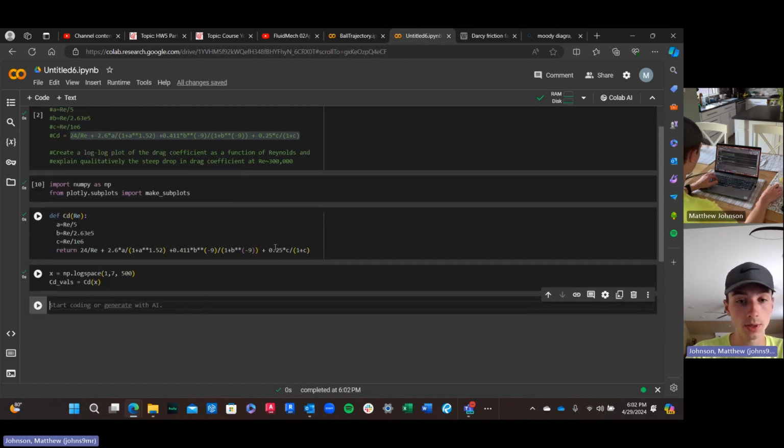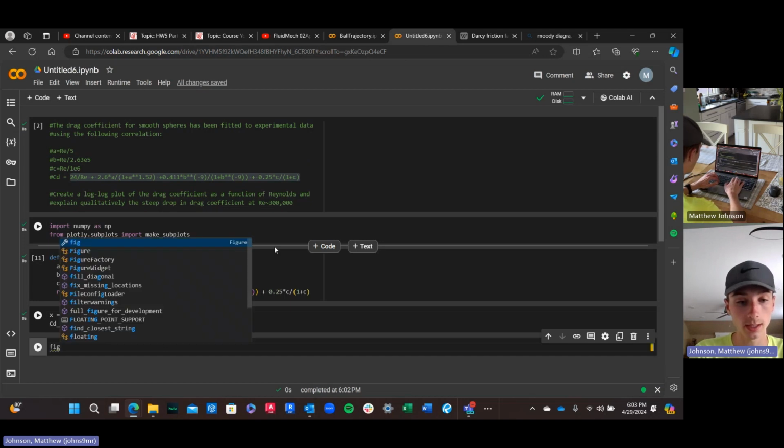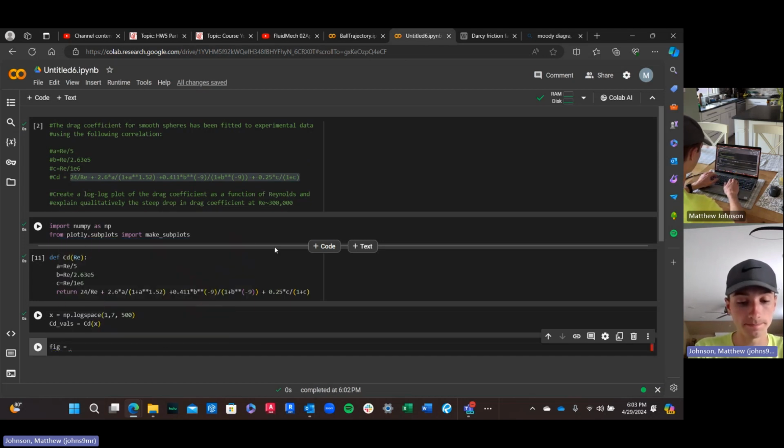Okay. And now we can make our plot. So all we will need to do is we'll call this figure equals make_subplots. Okay. And then we'll need to add, always do that wrong.